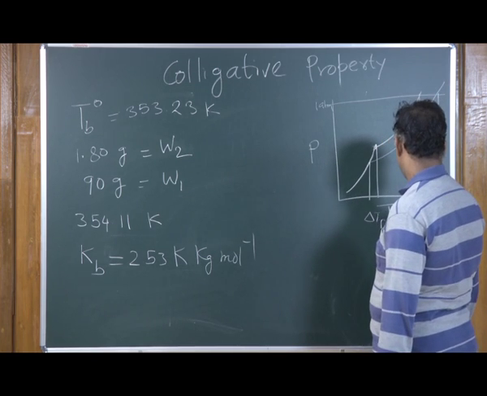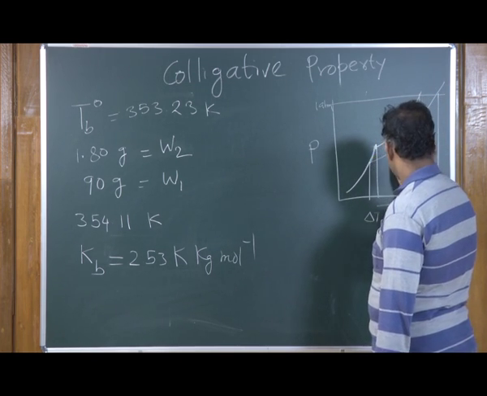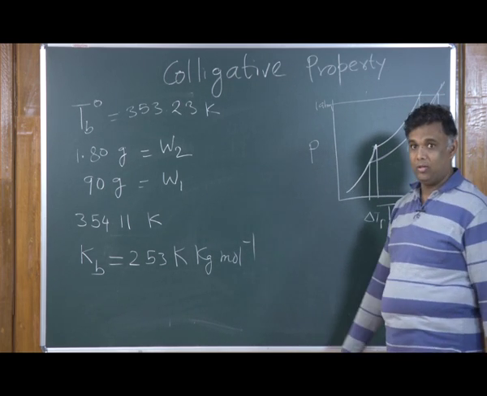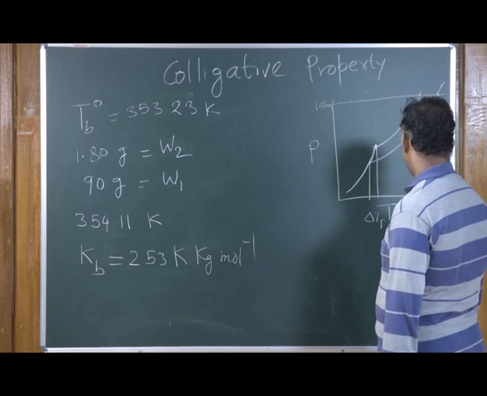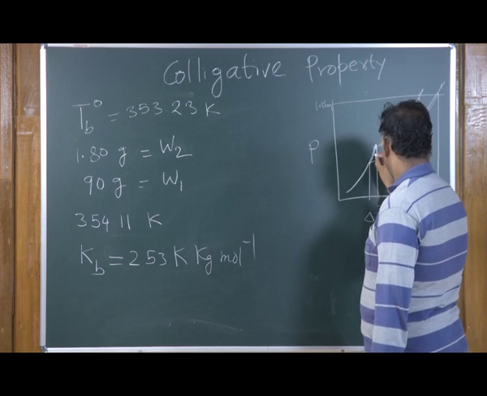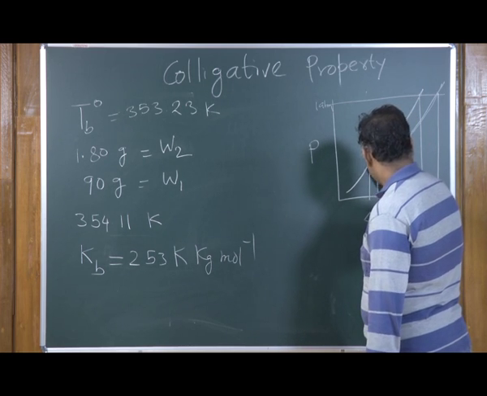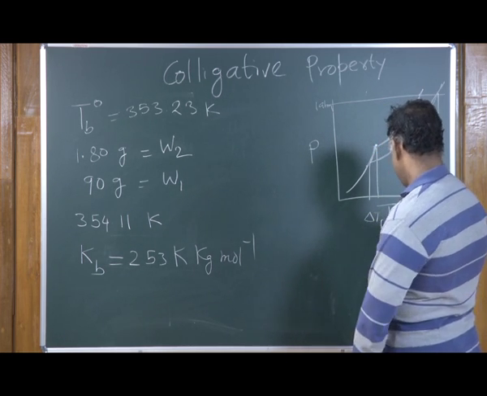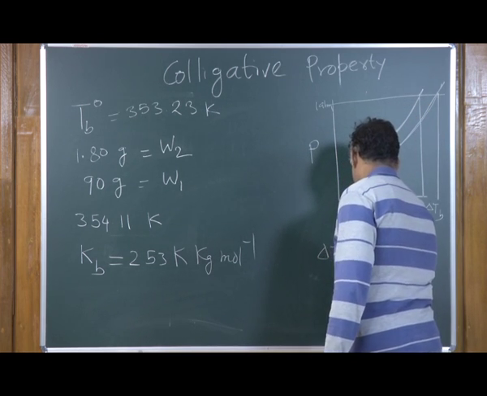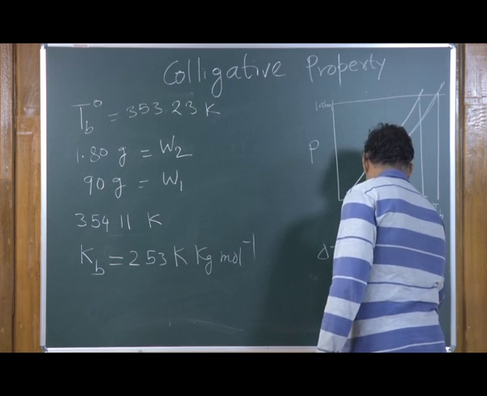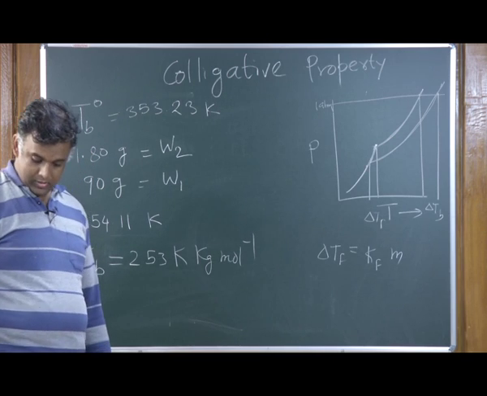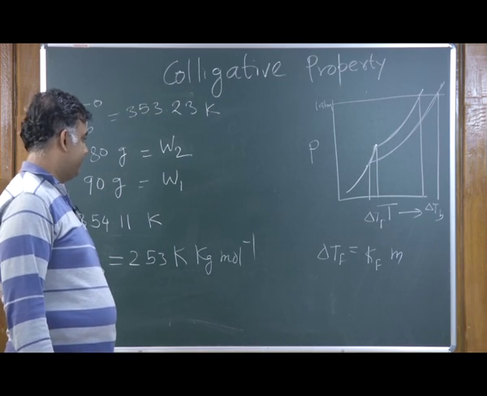And again this line does not depend at all on the property of the solute, it depends only on the concentration, and how much shift is going to take place will depend on the curvature of this line. Okay. And again we get the similar formula, that is delta Tf is equal to Kf multiplied by molality of the solution. Okay, where Kf is a constant, which is called the freezing point depression constant.